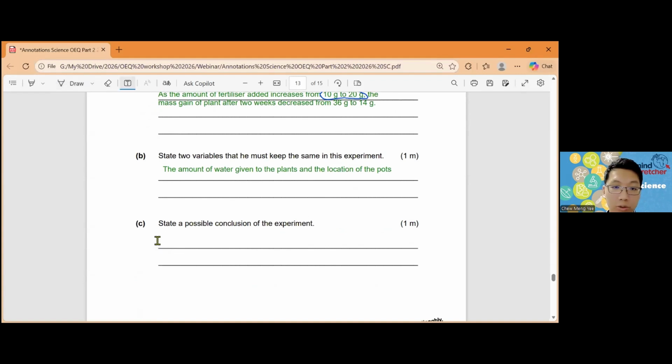Okay, so if you tell me that the plant grew the fastest or the plant growth is the best when you use 10 grams, that's good. Yes, the plant grows best with 10 grams of fertilizer. Very good. Yes, I see some of you writing this answer, so correct. Good.